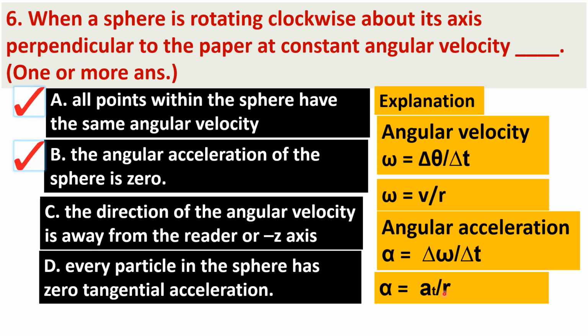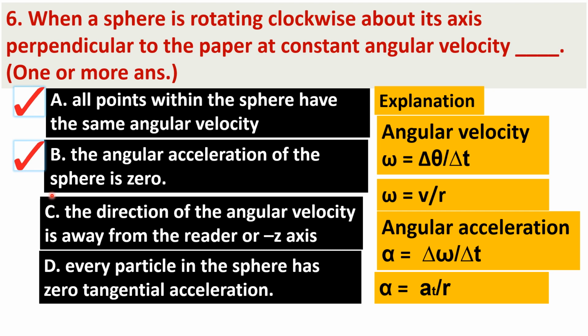So if we isolate tangential acceleration, it becomes at equals alpha r. Since there is no angular acceleration, each and every particle in the sphere has 0 tangential acceleration. So we accept letter D as a correct answer.